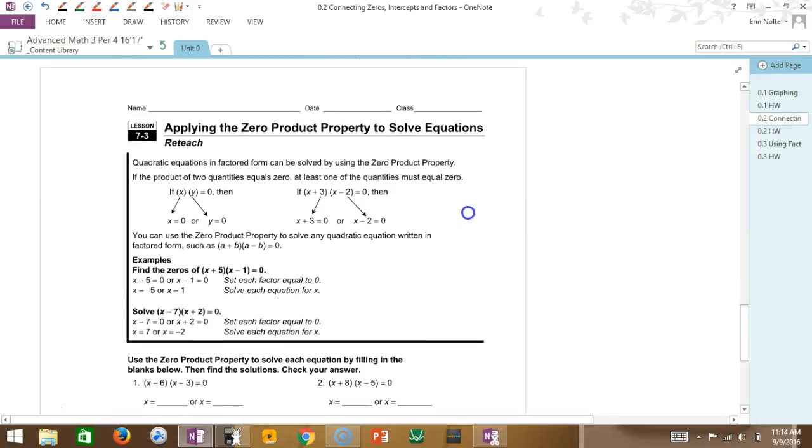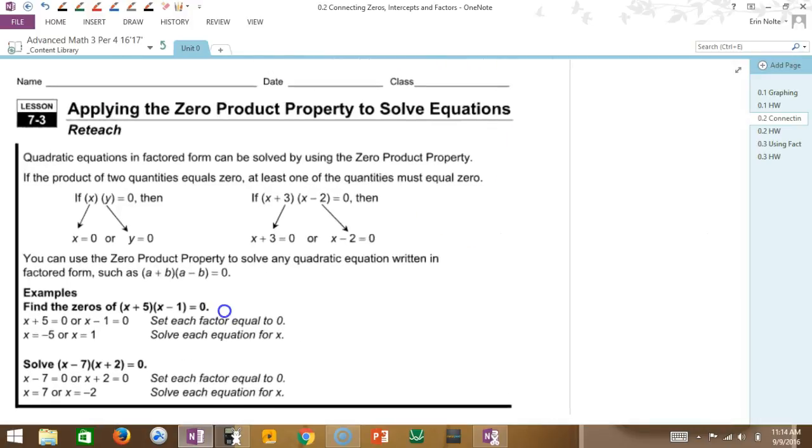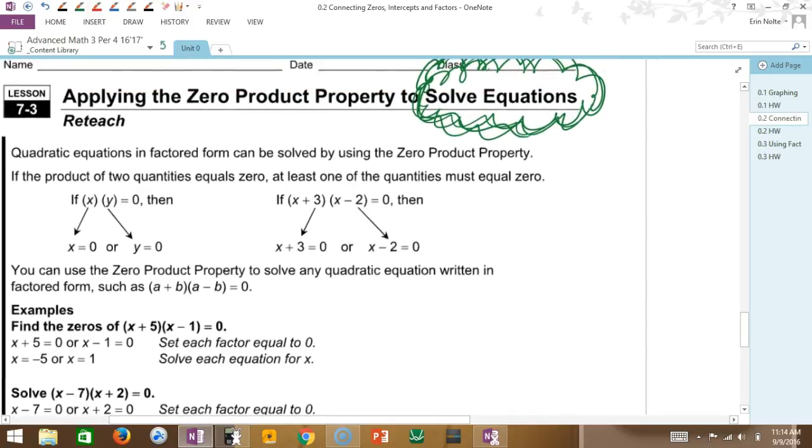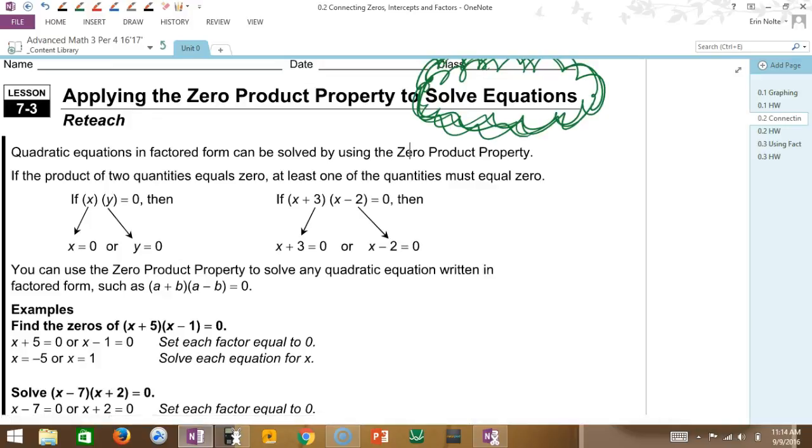Well, what the heck do we need to know all this for? It always comes back to this idea. Can we solve the equation? Okay, so what is the difference between the functions that we were just working with and solving an equation?